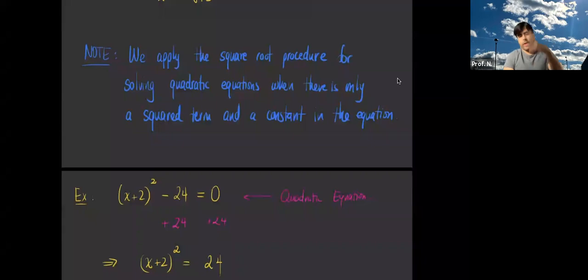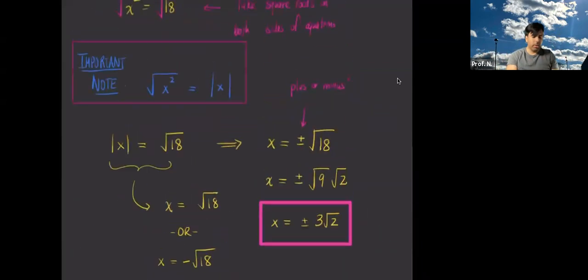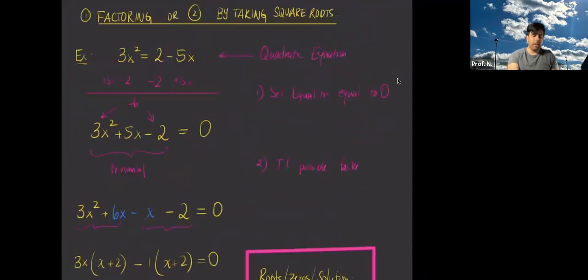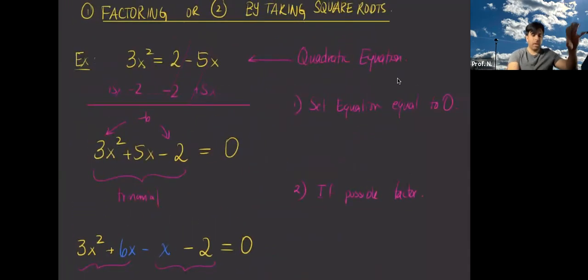We use the square root idea when you have one squared term and a constant in the equation, and therefore that's when it's appropriate. Notice in the one that we did by factoring, we have a squared term, we have a constant, but then we have this linear term or this term with an x in it. So we have 3 terms. So that's when we can't use square roots.